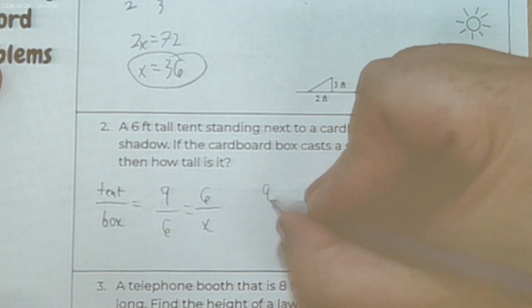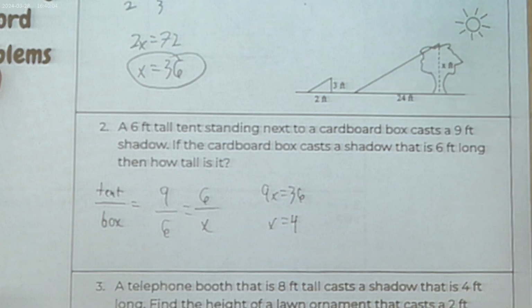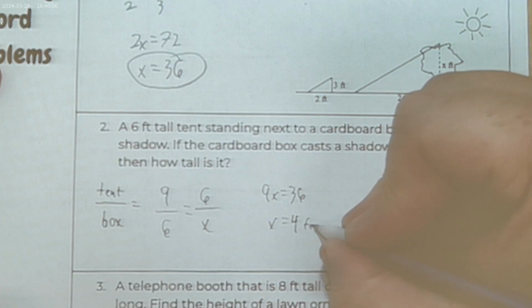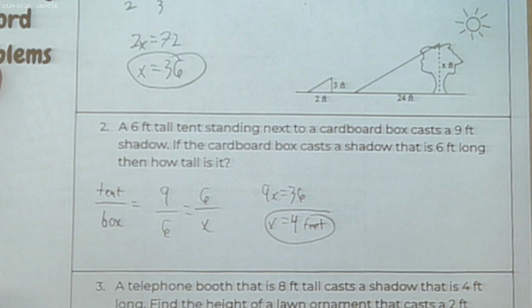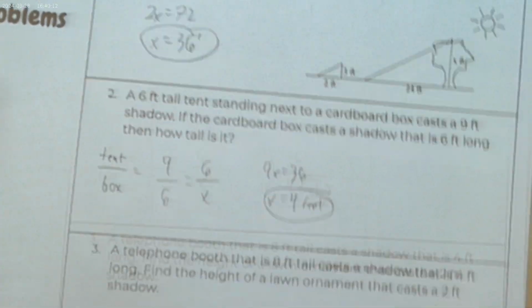So 9x equals 36, x equals 4. So the cardboard box is 4 feet tall. And scrolling back up here, this is 36 feet.